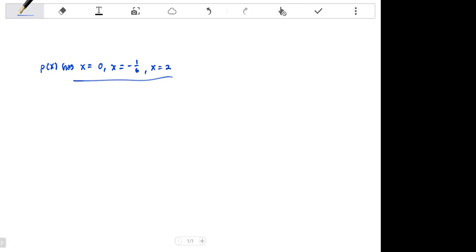Well, if we looked at the graph, then we know that it needs to touch this point, 0, this point, 2, and negative 1/6, which is like here, right? So our graph could be anything, as long as it touches these 3 points. So it could be something like this, or something else. But it touches these 3 points, so we know that this graph works.